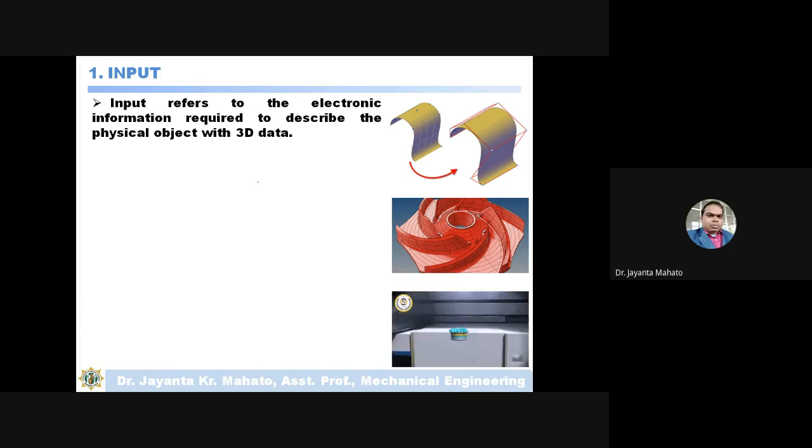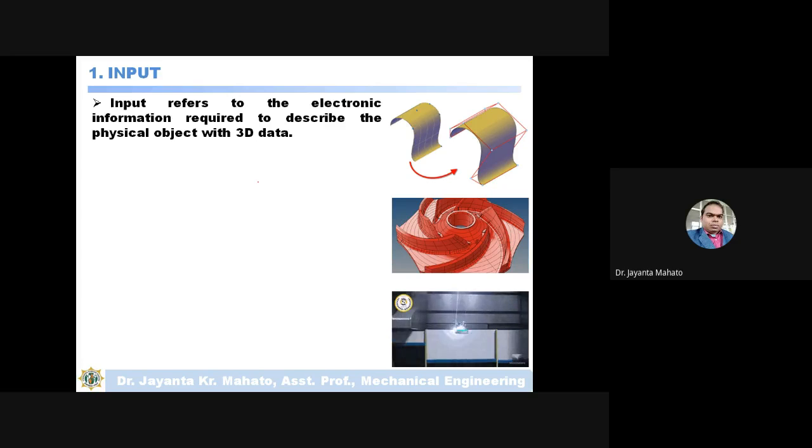Just suppose you have to design an object. This physical object has to be described in terms of electronic information with 3D data, meaning three-dimensional data.